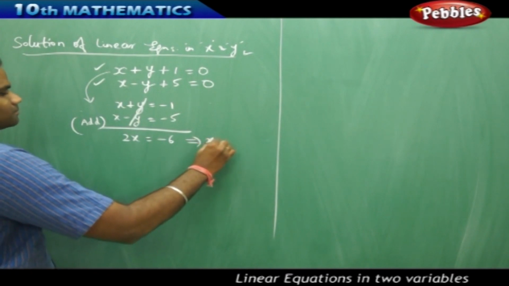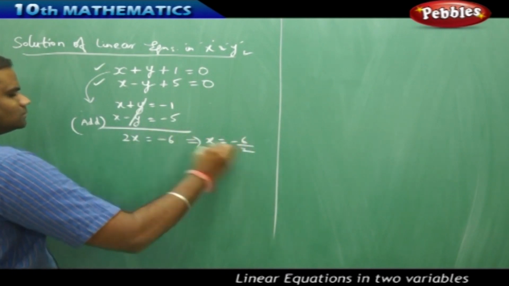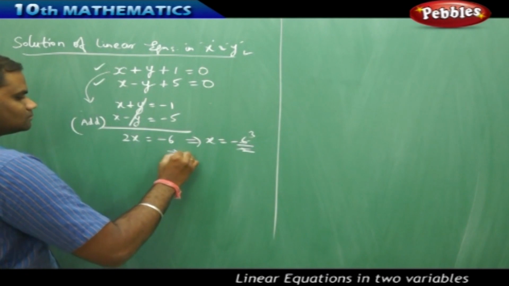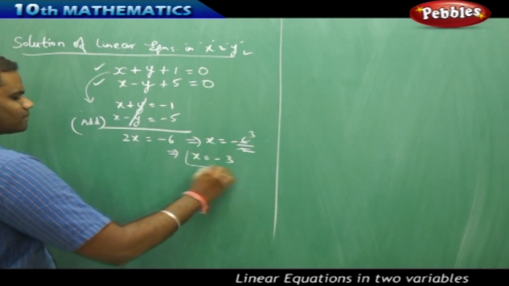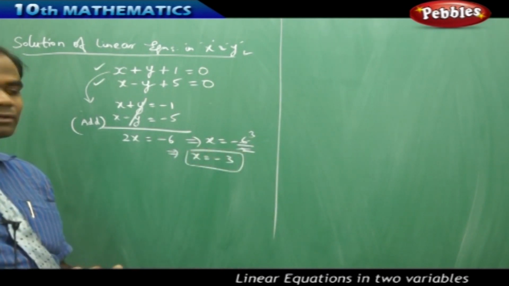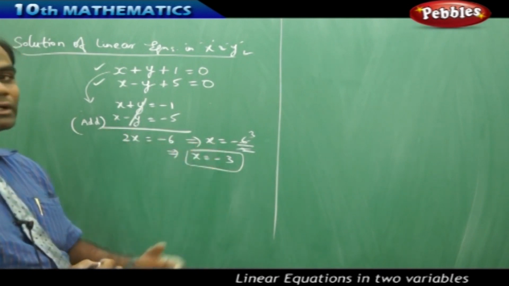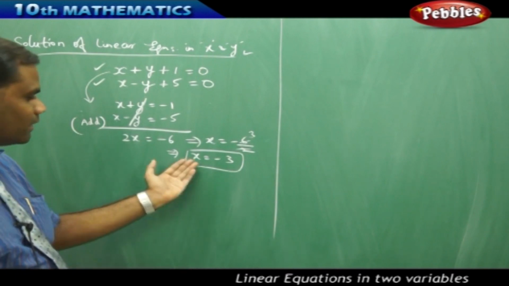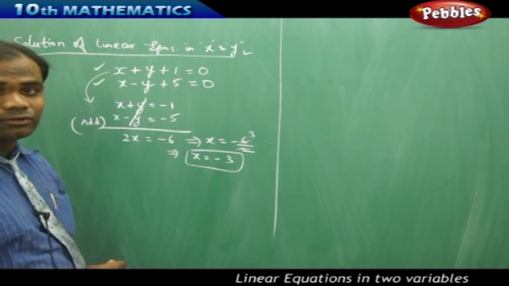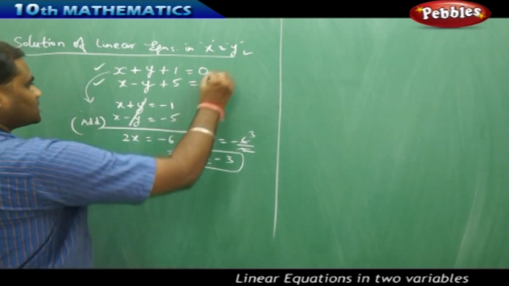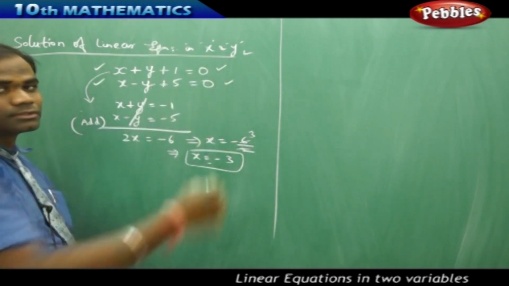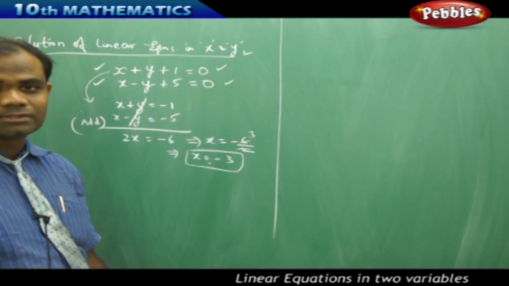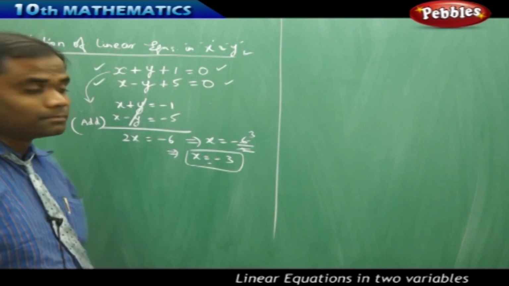That implies my x is minus 3, which I get by solving with addition of the two equations. Now once I get the value of x, I can get the value of y either by substituting this x in this equation or this equation, depending on your choice.